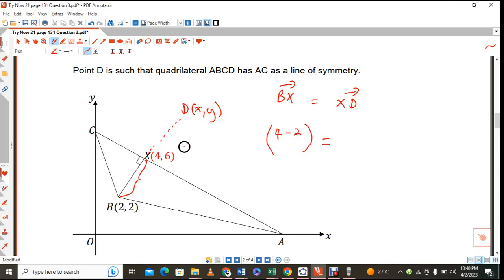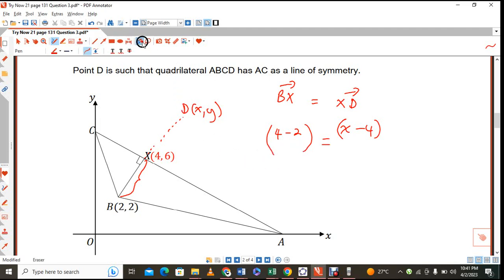So from X to D, I will be saying, that point will be a little bit out, but it will be the same distance as x minus 4. So just make sure that you are with me and you don't get lost over there.